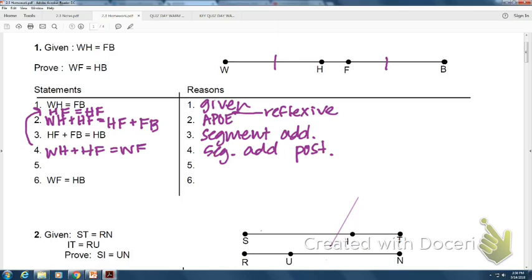Okay, if I do that, WH plus HF equals FB. Okay, how am I going to get that WF equals HB? I mean, WH plus HF equals HB. Okay, so how am I going to get that just WF equals HB?